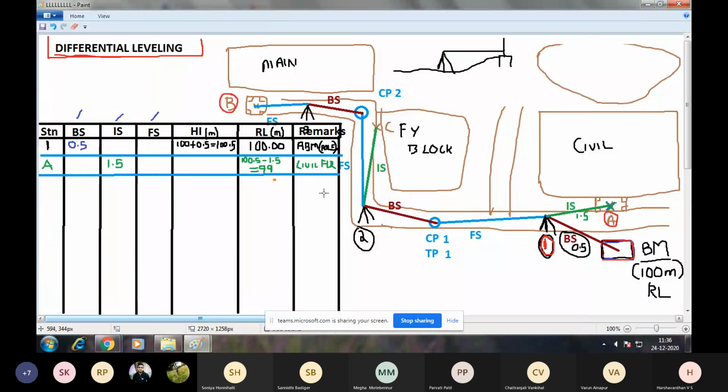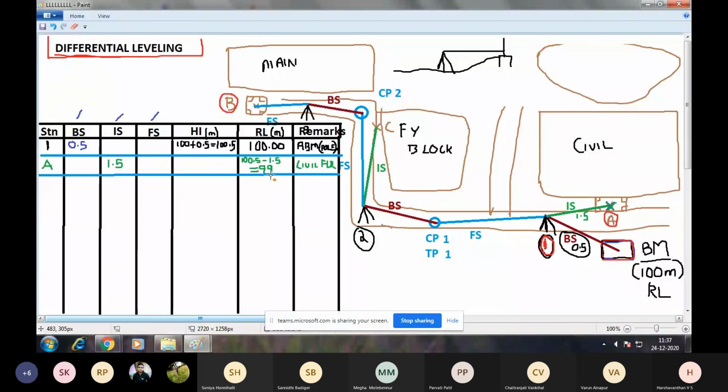Did you understand this point? You need a lot of imagination here, because surveying is a practical subject, and most of the concepts need imagination, or you have to do it in the field to understand them.